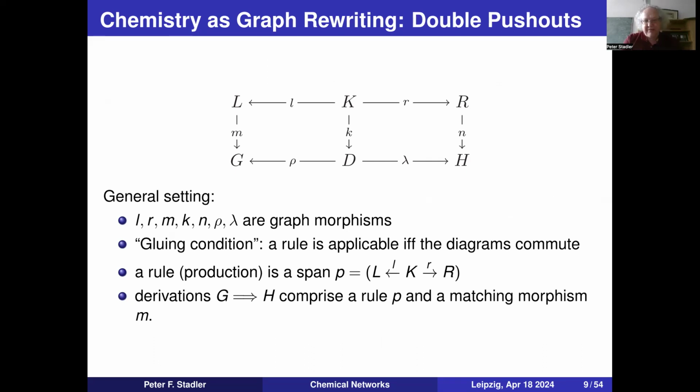We've played for a long time with implementing and working with these graph transformation systems, so with models of chemistry where we only allow very particular types of transformations between graphs.